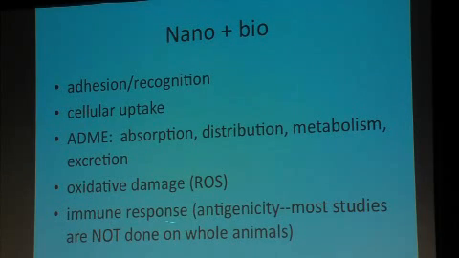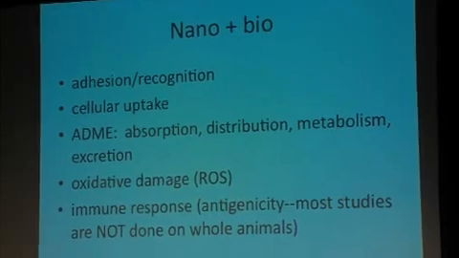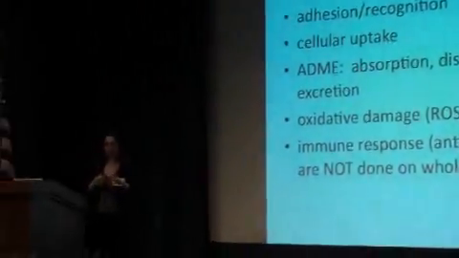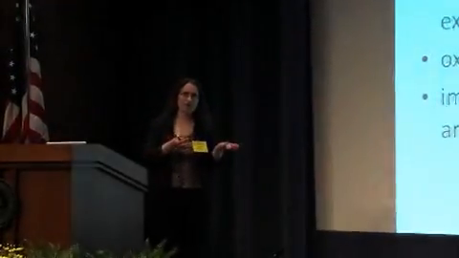And then lastly is immunogenic responses, because most of the studies that are done on nanomaterials to date are not done on whole animals, and often they're done on cells in culture or free-living bacteria that don't have an immune system. And so this is an issue because nanomaterials are at the size scale where if they were talking about a protein, you would be talking about potential immunogenicity.